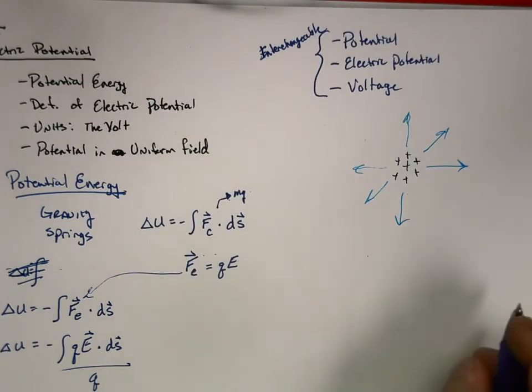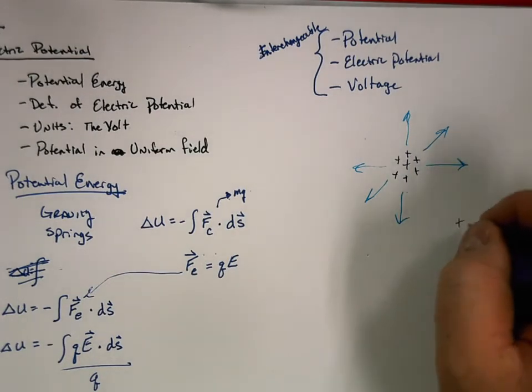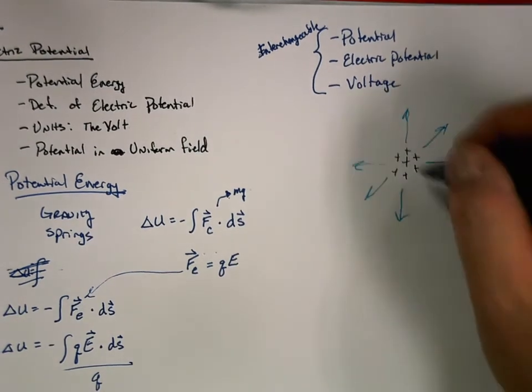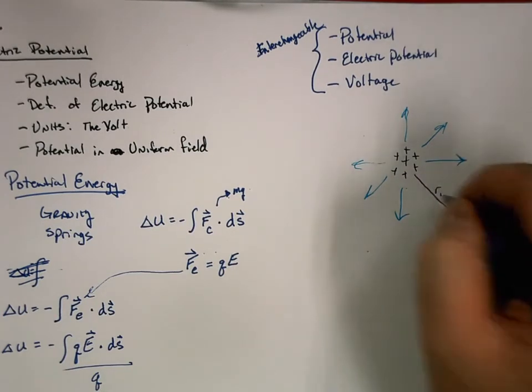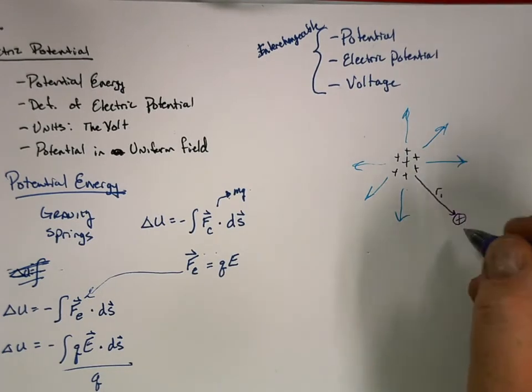A test charge enters the field, and he is here, at a distance R1 away. So he has a particular amount of potential energy.